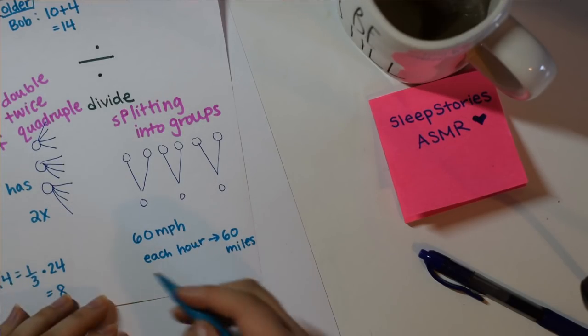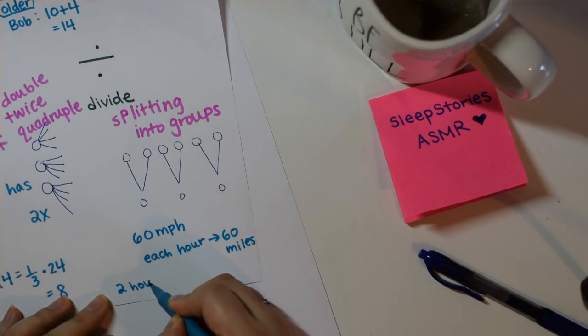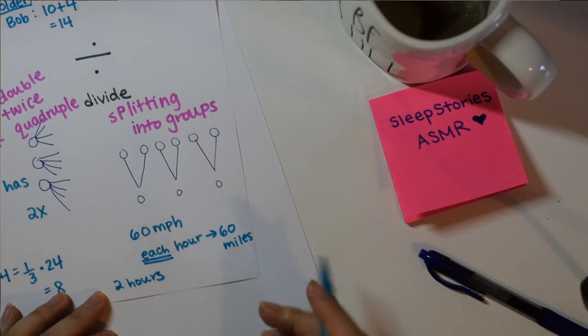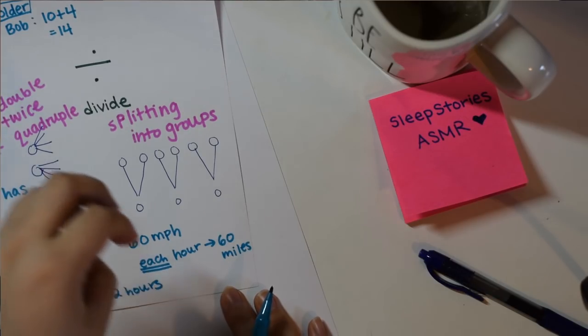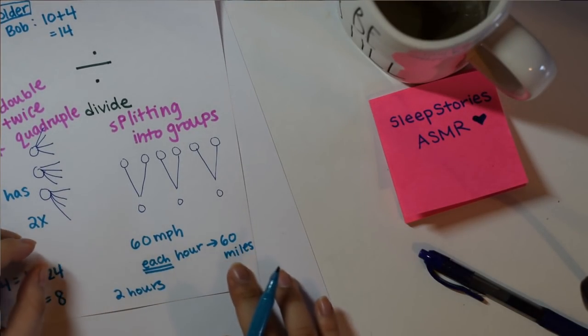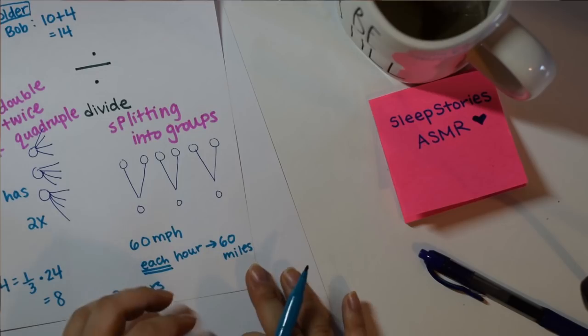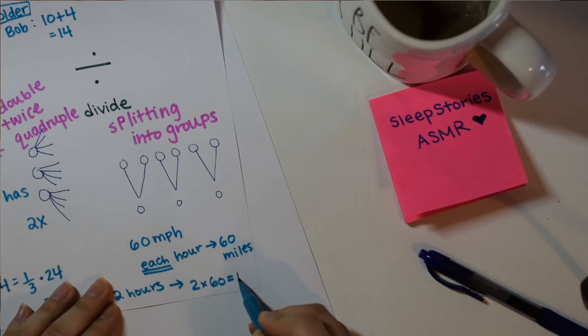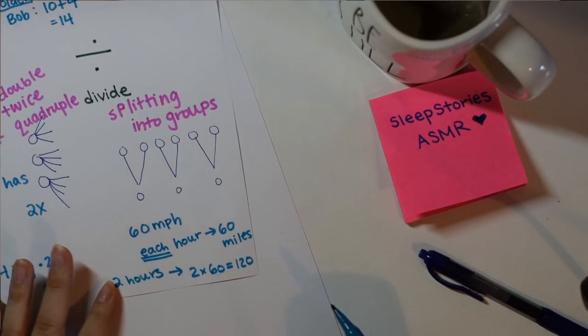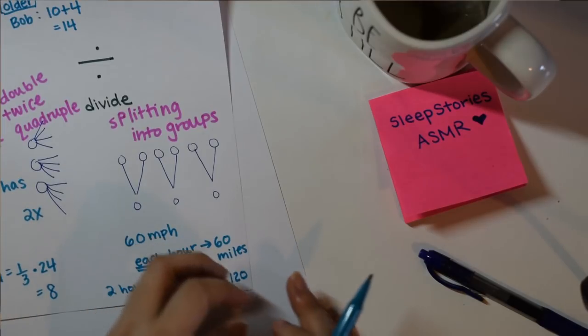So after 2 hours, I went 1 hour plus 1 hour. In the first hour, 60 miles. In the second hour, 60 miles. So I went 2 times 60, 120 miles. See, that's what I mean by the each.